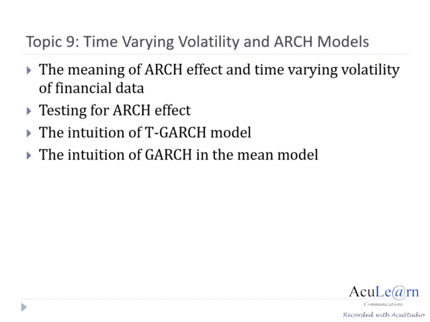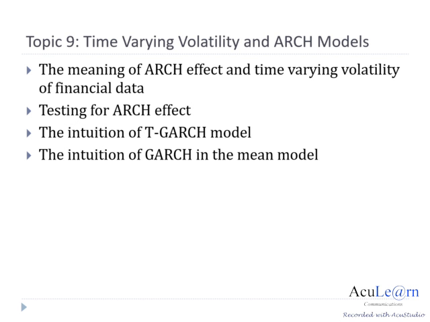So if you do a T-GARCH model, usually you also have a dummy variable for bad news of last period, and here bad news is measured by the error term of the main regression being less than 0, so the realized return is below expectation.